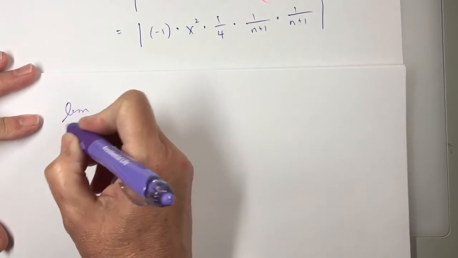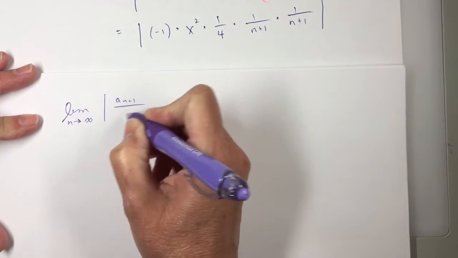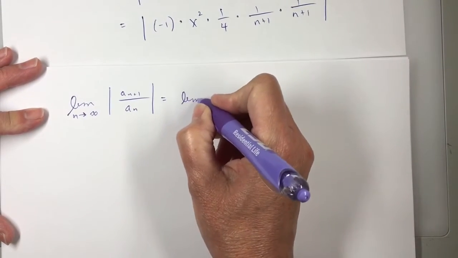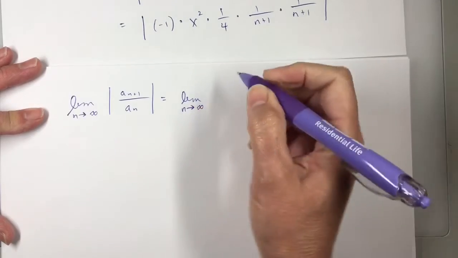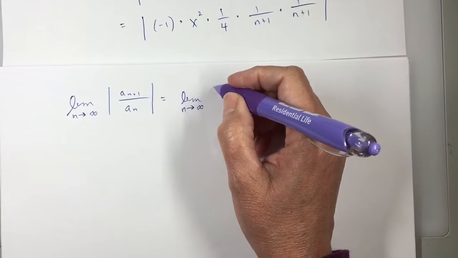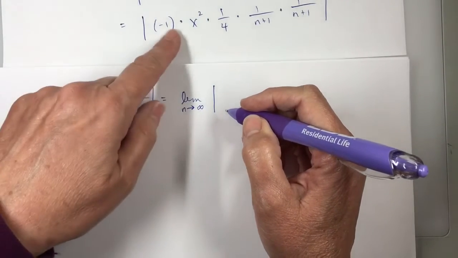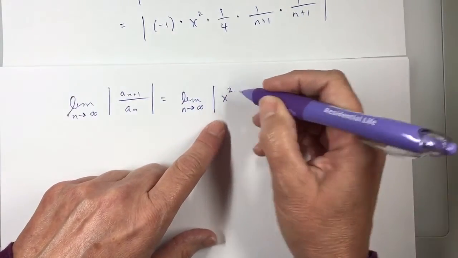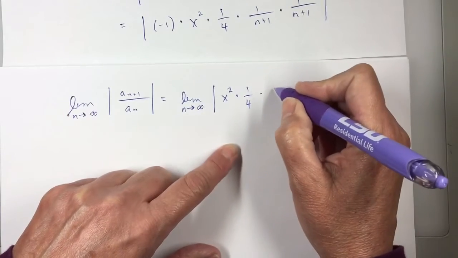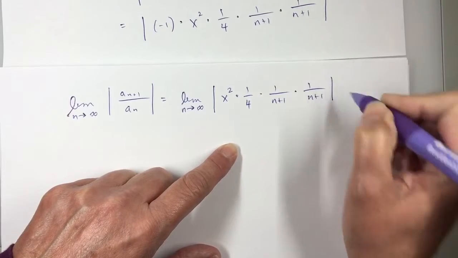So the limit as n approaches infinity of the absolute value of a sub n plus 1 over a sub n equals the limit as n approaches infinity. Maybe I can go ahead and do my absolute value here. I still need to keep absolute value though. But the absolute value of -1 is 1, so I can leave that off. I need to keep it because of x squared. x squared times 1/4 times 1 over n plus 1 times 1 over n plus 1.